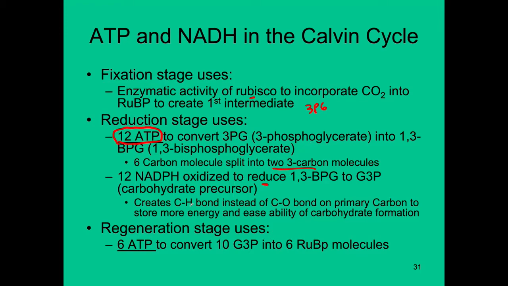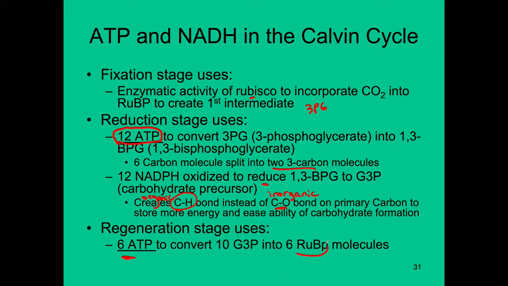And what it's really doing is creating this carbon-hydrogen bond instead of a carbon-oxygen bond. This is inorganic. Carbon-hydrogen is organic. And this is where we see that switch, that conversion of inorganic carbon sources into organic carbon sources. And finally, the regeneration stage uses 6 ATP in that regeneration of RUBP.